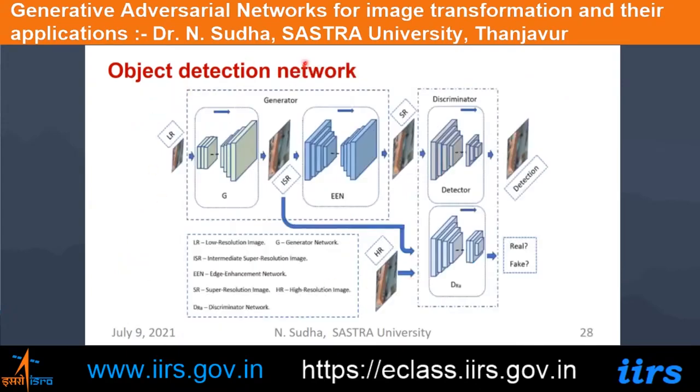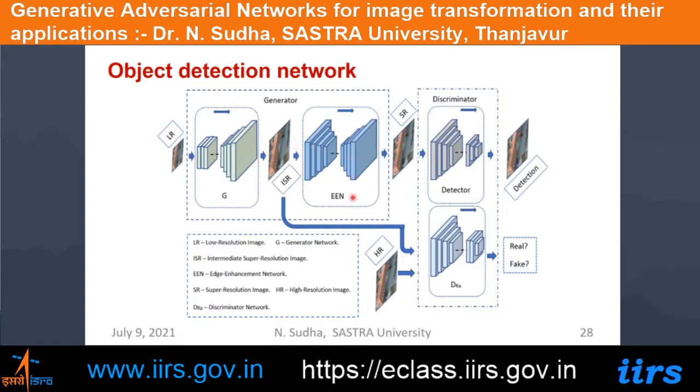The network looks like this, where you have a bigger block for the generator, but it consists of a small generator network, the actual generator network, which converts the low resolution image to an intermediate super resolution image.